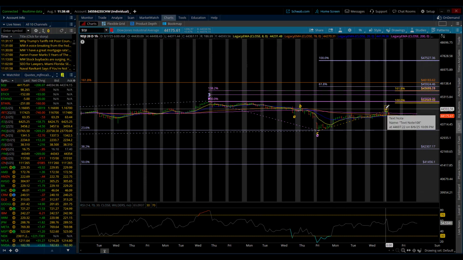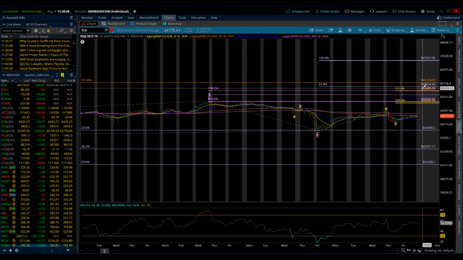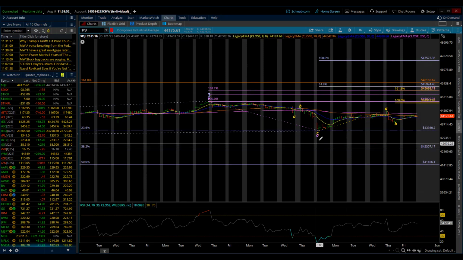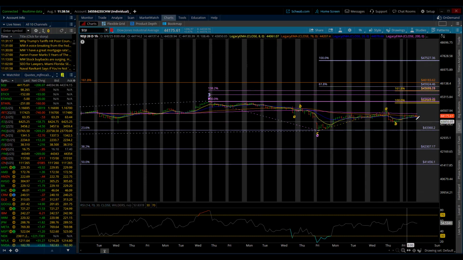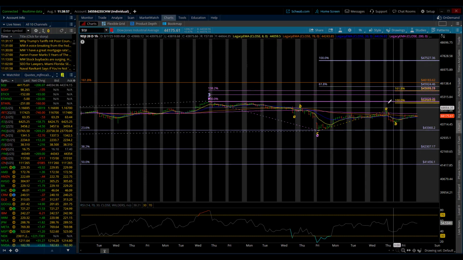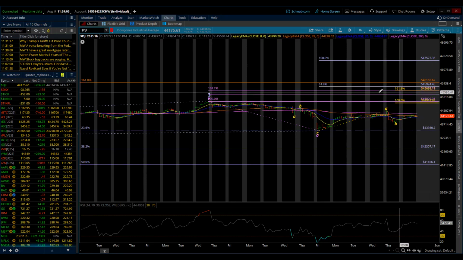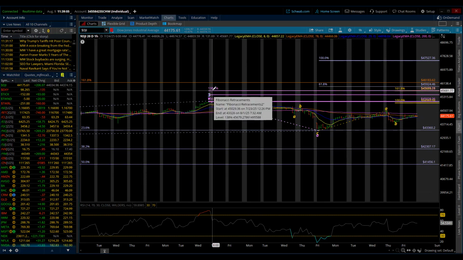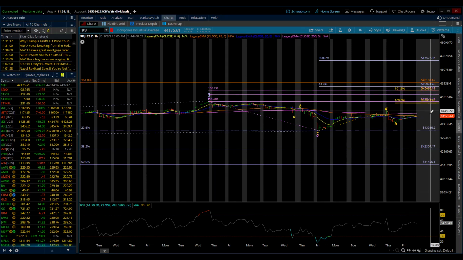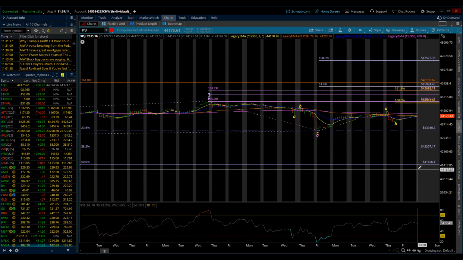If this is 1, 2, and we're in a third, it definitely could. Right now, we're counting it as A, B, and just looking for a normal 5 on this constraint. And here's our markers. One of them takes us right up to the top of what we consider an irregular B, and then we'd be looking for a move back down.